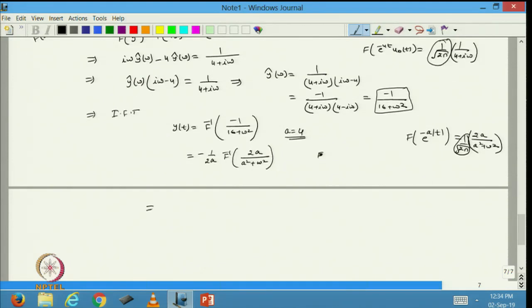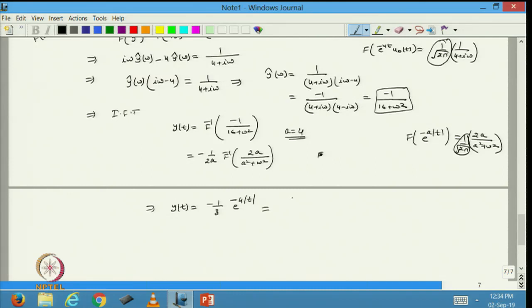So, from here I can write that my y(t) will be minus 1 over 8, and this one I can write as e raised to power minus a, which is 4 mod t.